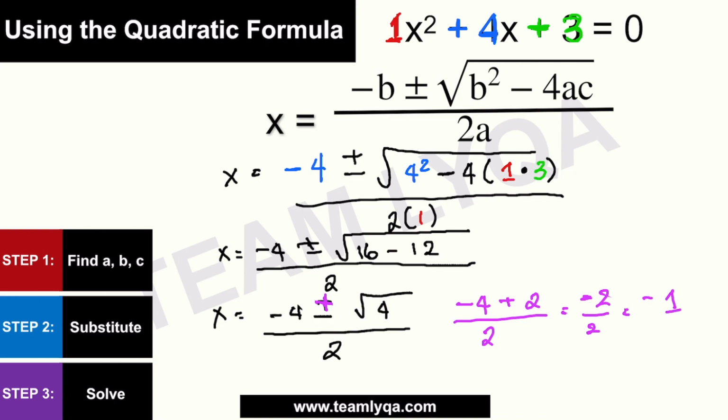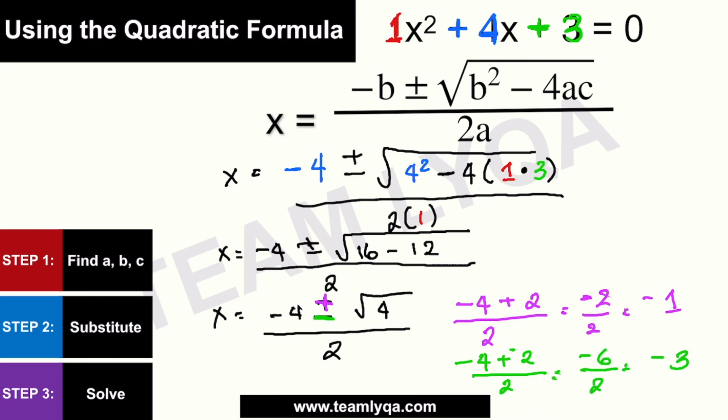Now, paano naman kung siya ay minus? No? So, solve natin ng minus. This will be negative 4 minus 2 all over 2. Negative 4 minus 2 is like negative 4 plus negative 2 or negative 6 na siya over 2 or negative 3.